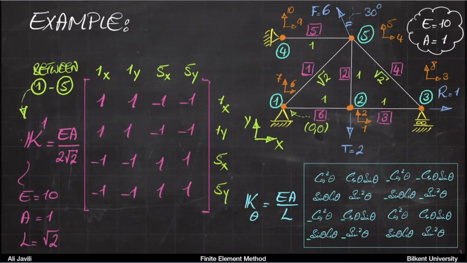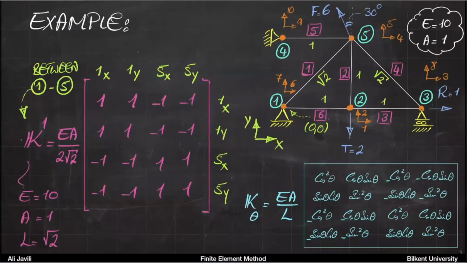And now here also, you know that the global degrees, so I'm going to also add the global degrees to this, which we will use for our assembly. So from now on, I don't write the green information, but you get the idea. So let's say the global degree of 1x is 6. The global degree of 1y is 7.